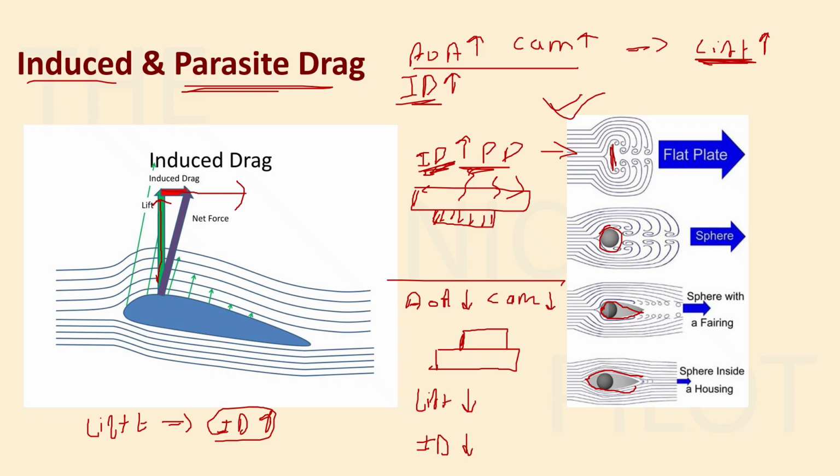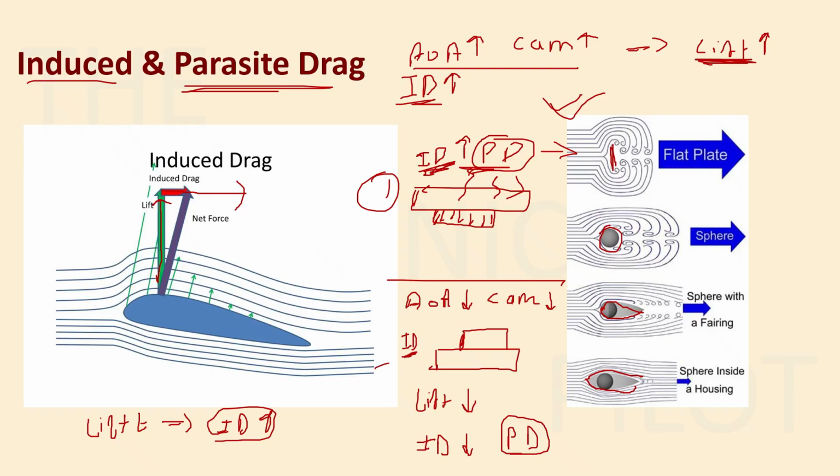So there will be almost no or very little induced drag on this wing, and parasite drag will be there. Parasite drag does not depend on lift. So parasite drag on this wing and on this wing will be the same, but the induced drag will be more on the aileron which has deflected downwards.